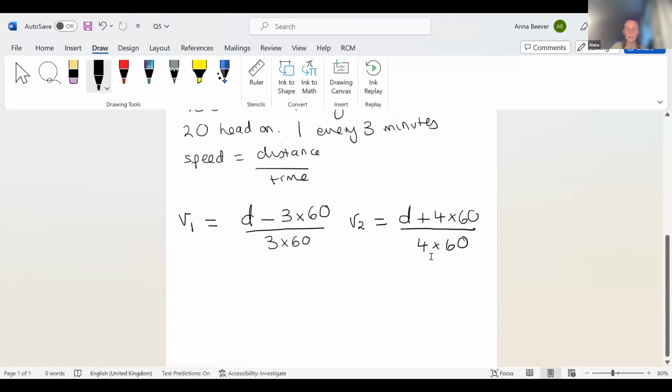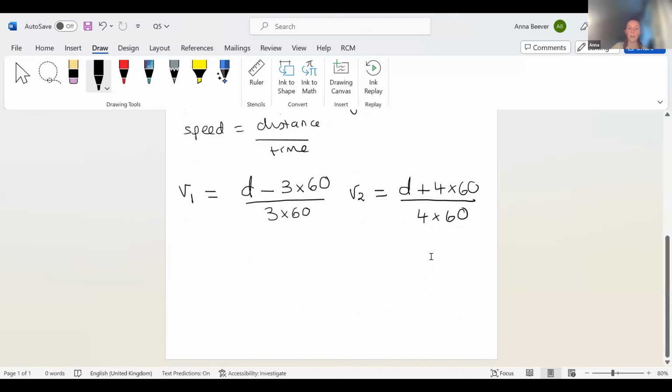But these two trams are on a regular timetable, so they must be going at the same speed. So then, if we use the fact that v1 equals v2 and rearrange, then we're going to get an equation that will give us the distance d that they're travelling. So the speed of the first one is equal to the speed of the second one.